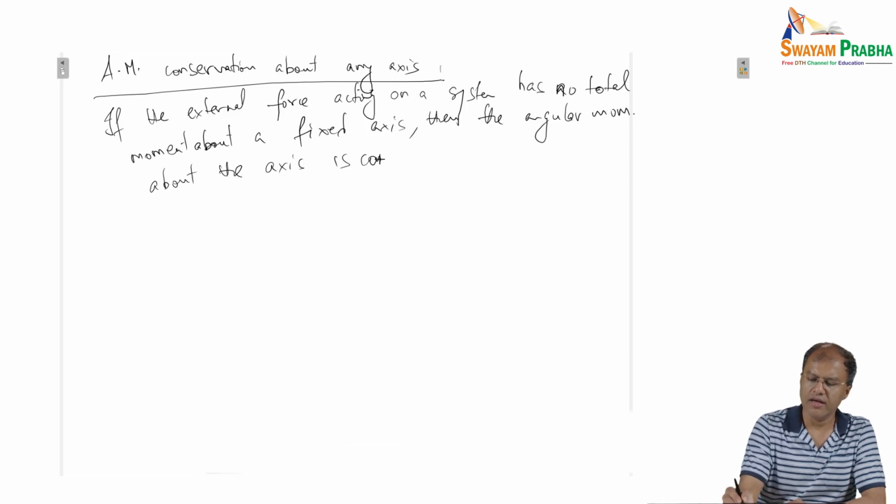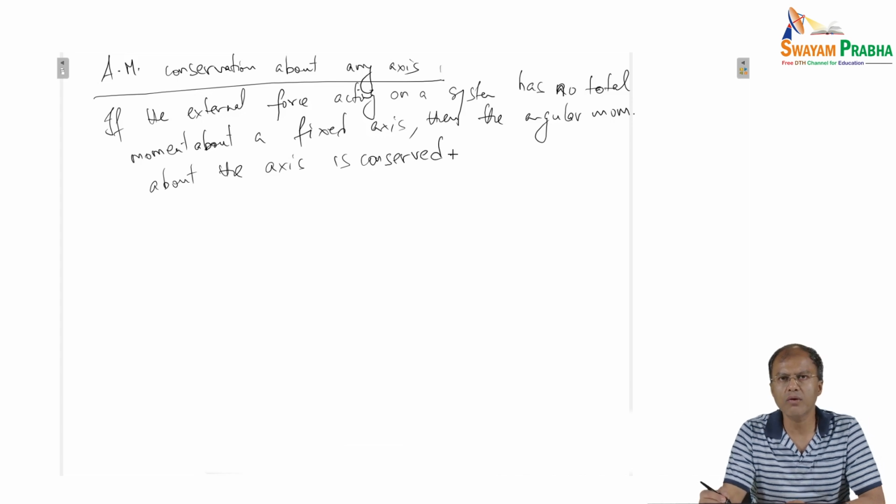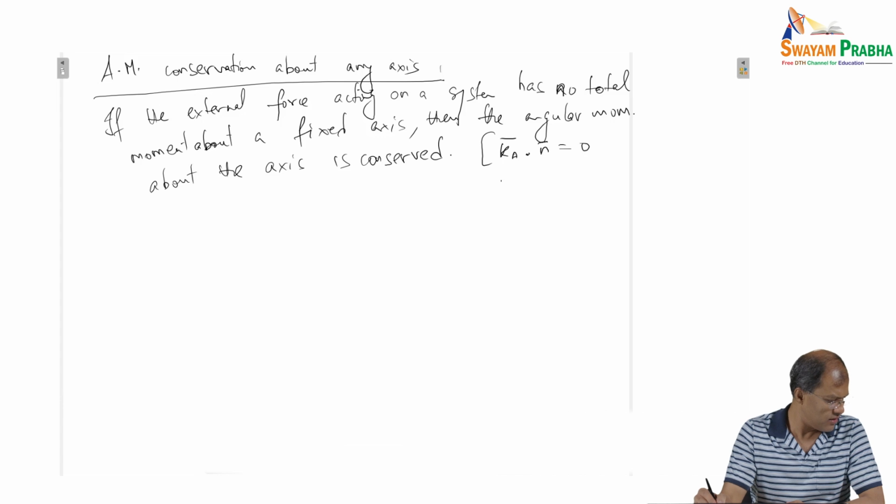Okay, so we have generalized our conservation principle about any axis. So if the projection of the moment about any given axis is 0, then we expect that the angular momentum about that axis is going to be conserved. It's going to be constant.